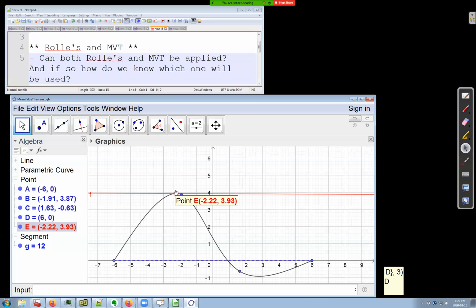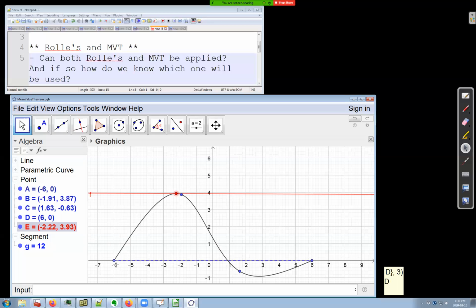But the issue here is that these lines are special. This blue dotted line is a horizontal line, so it has slope 0. And if this red line is parallel to the blue line, then this red line also has to have slope 0. And so that's what Rolle's theorem says.